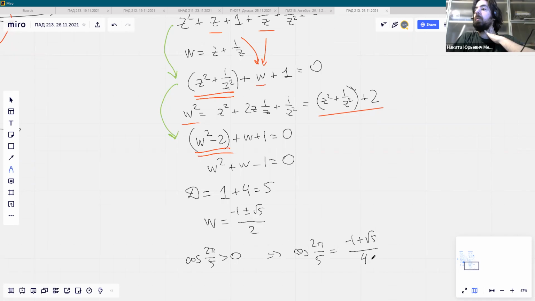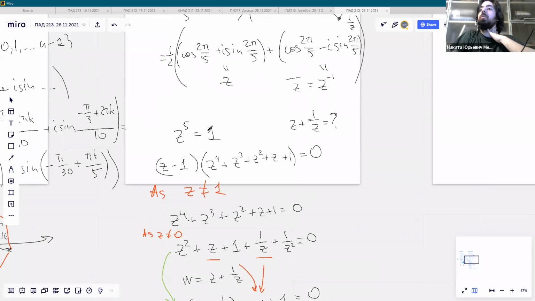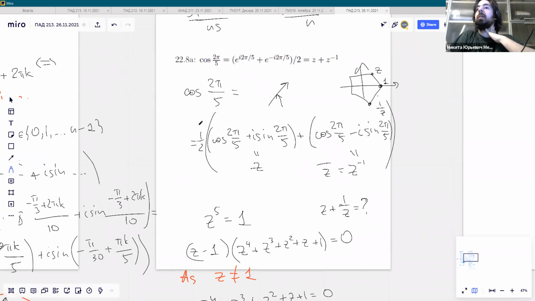Why over 4? Because w was twice the cosine, right? If you return to the beginning, please look, cosine equals 1/2 of z plus z inverse. Okay.